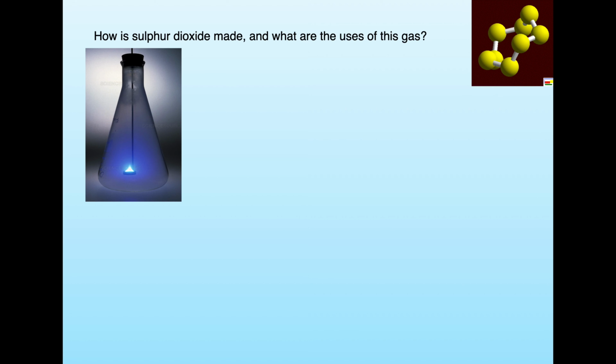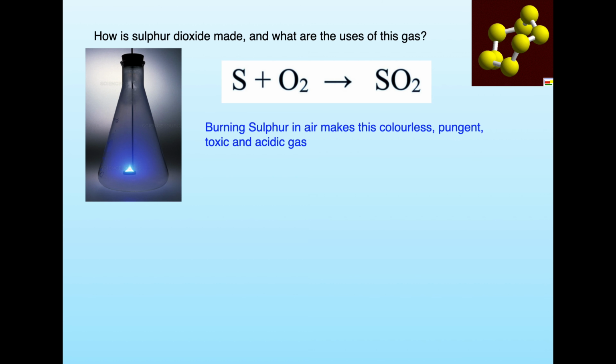How is sulfur dioxide made? Well, we take our sulfur and we burn it in oxygen. So here we have sulfur on a small spoon. This is called a deflagrating spoon. We have sulfur on a spoon within an atmosphere of oxygen, and it burns with a beautiful blue flame to make sulfur dioxide.